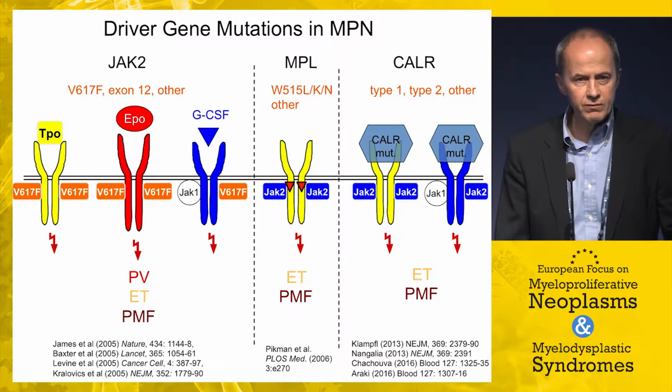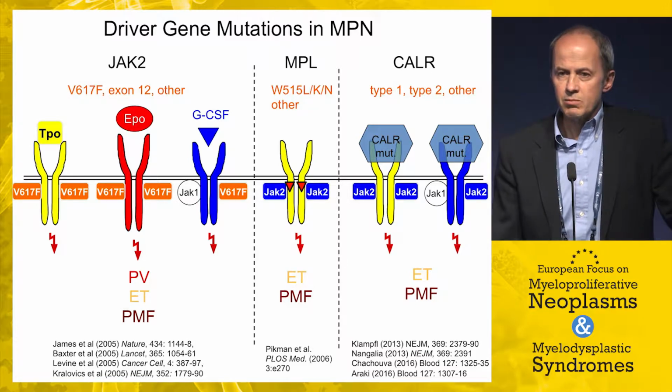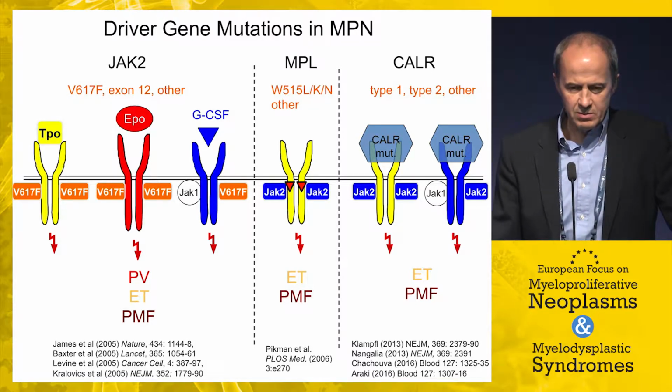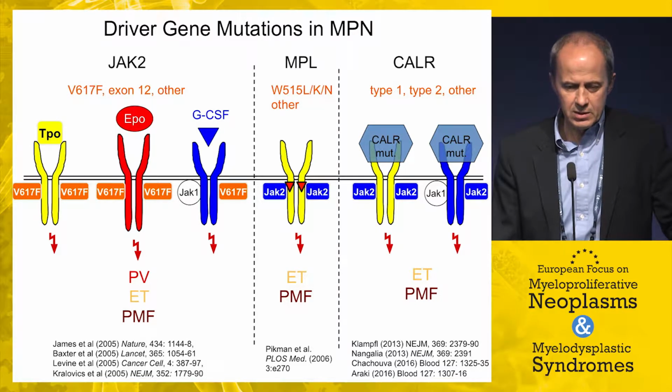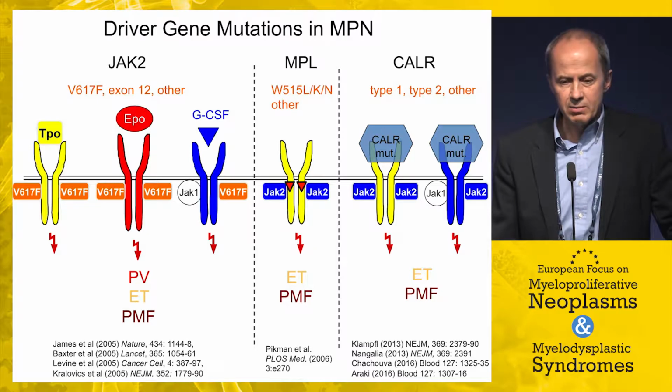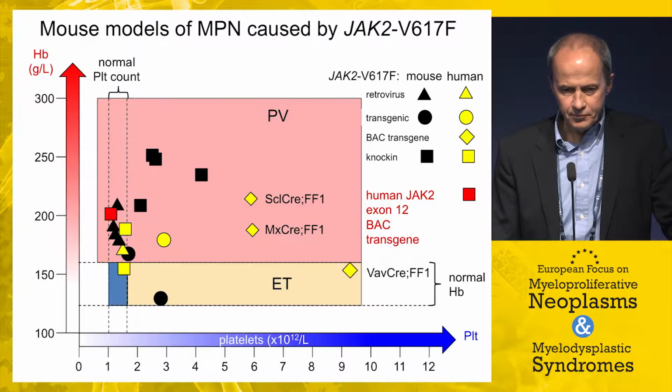So this is a nice convergence of the molecular mechanisms of the driver genes that are involved in the pathogenesis of MPN. It also explains why JAK2 inhibitors actually inhibit all kinds of mutated driver genes.